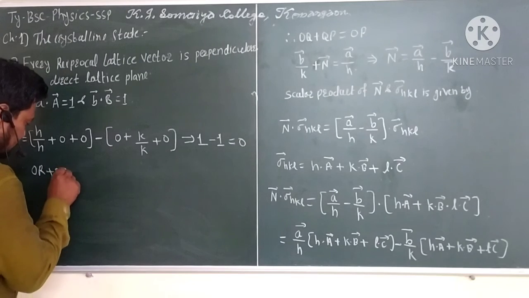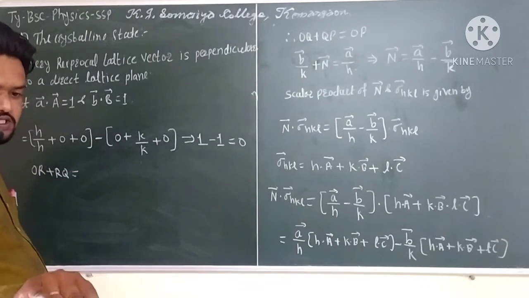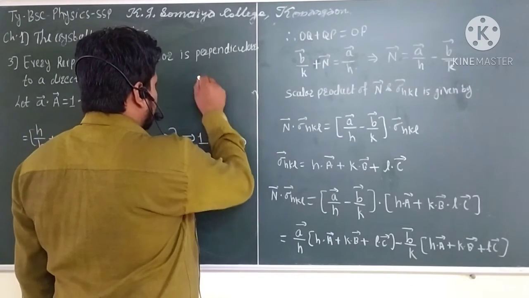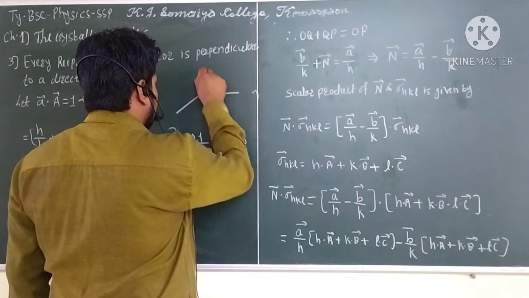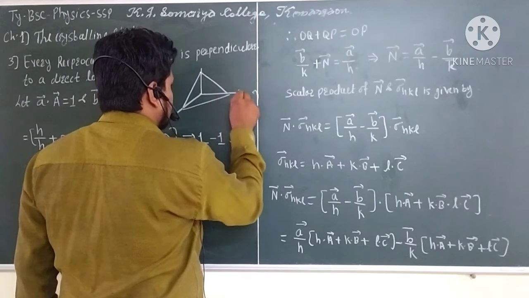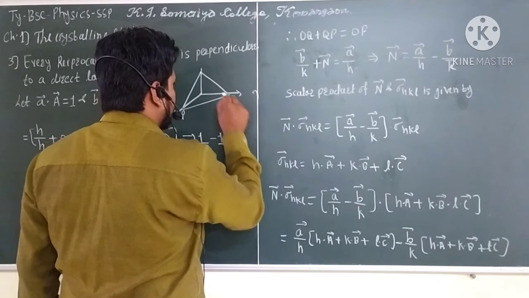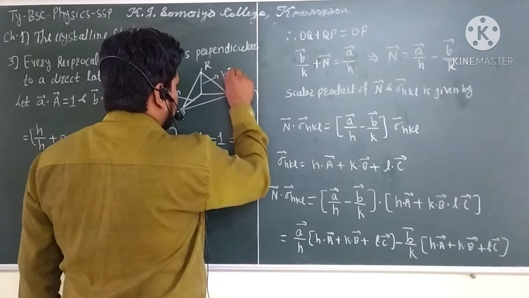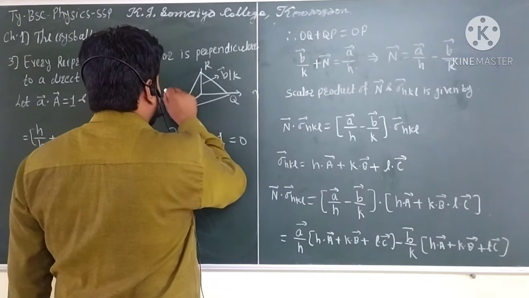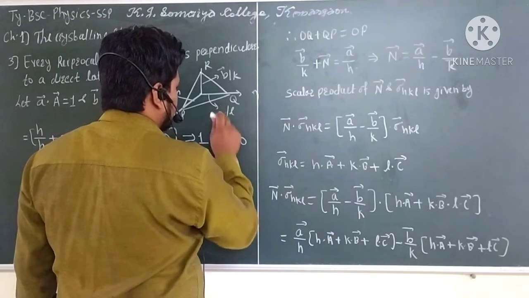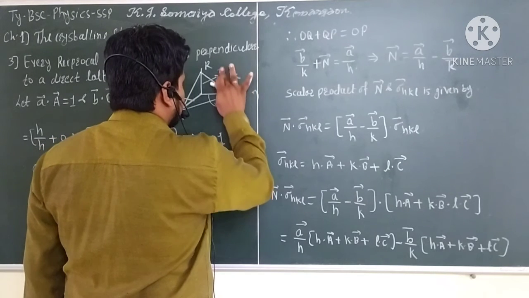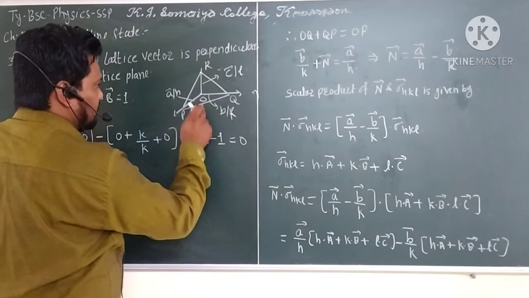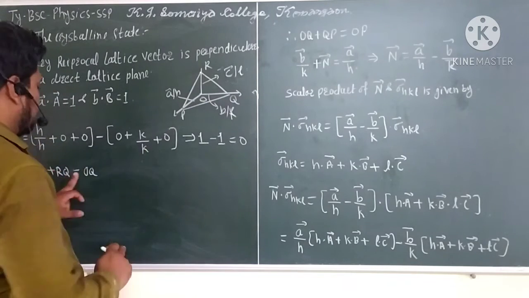With the help of the figure, this is the point P, Q, and this is R: A by H, B by K, and C by L. So consider this point OR, the center point, OR plus RQ is equal to OQ.